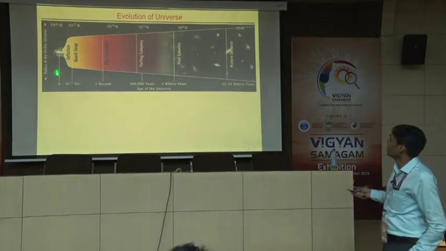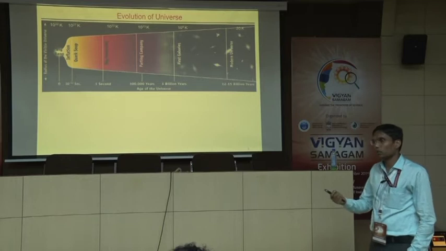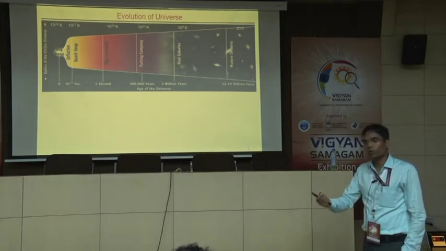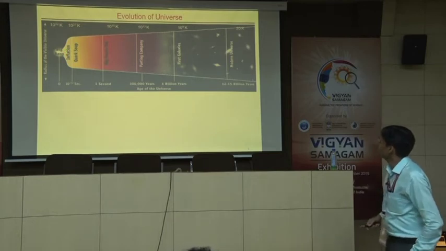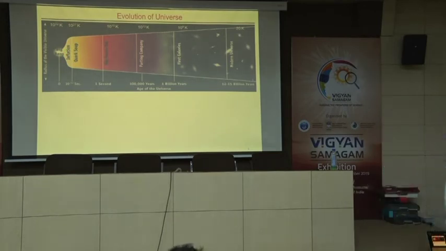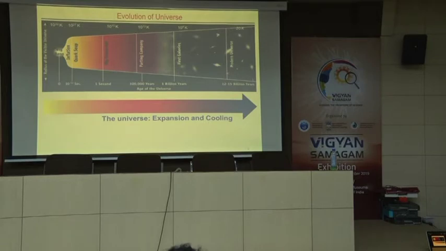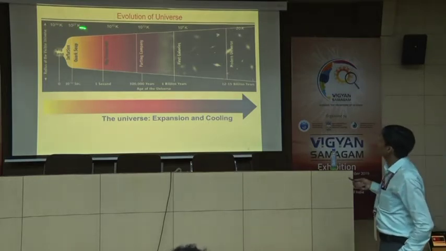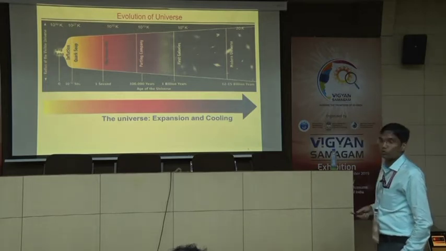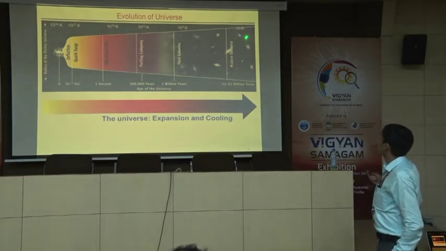So after the Big Bang, where everything started at a point with a lot of energy, the universe expanded and cooled down, and you can see here the scale of temperature. Here the temperature is huge, and then slowly it cooled down, and it is the modern universe where we are today.